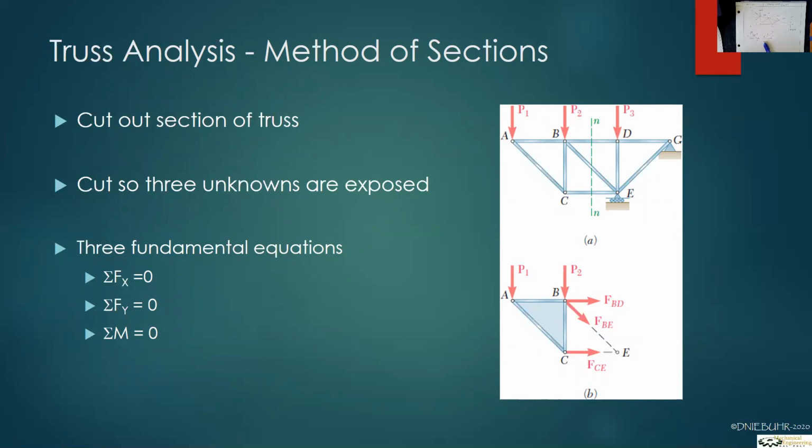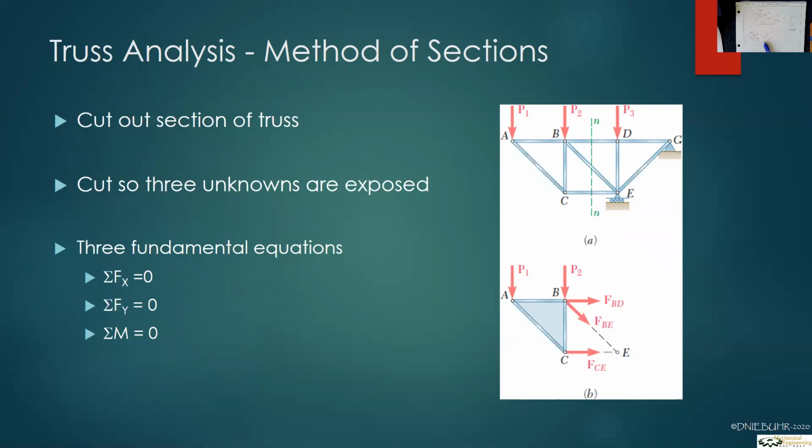So in this case, since they eliminated the right side of the truss, we only care about the load at A, the load at B, and the three forces that were cut. Now, if you look at this, if I were to sum the moments at B, that would get rid of two of my unknown forces, and I could then solve for CE, because the load at A, which would be a given, would have to oppose CE.